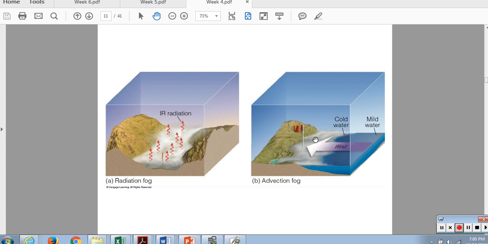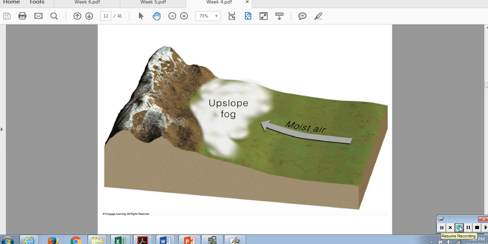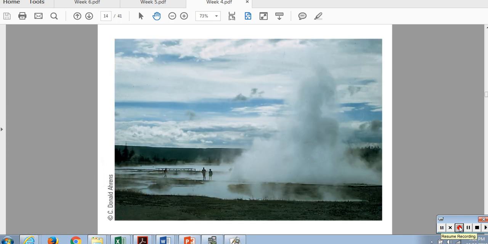The upslope fog is another example. You have the moist air being driven up the mountain, where by going up towards the top of the mountain, the air cools. So again, all three of those forms of fog are cooling processes. Then the other process to form fog is by adding moisture into the air. So here you have a geyser.